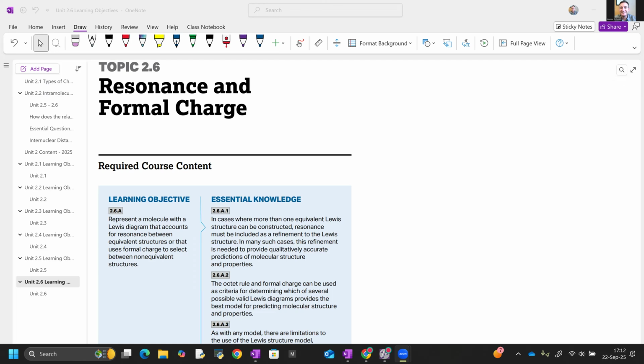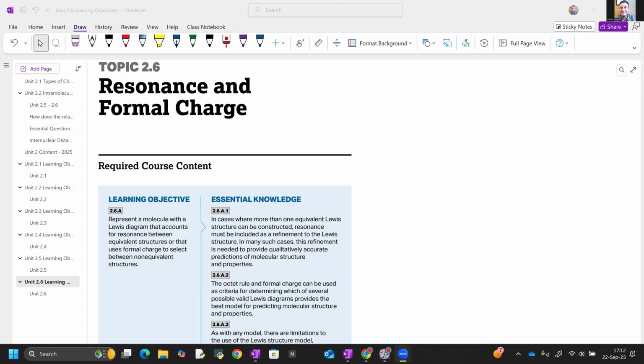Okay, so anytime we have to represent a molecule, we're going to have to interpret either a structure or a Lewis diagram that's already drawn, or we're going to have to draw one ourselves. We're going to be looking at resonance structures, where we have equivalent structures.